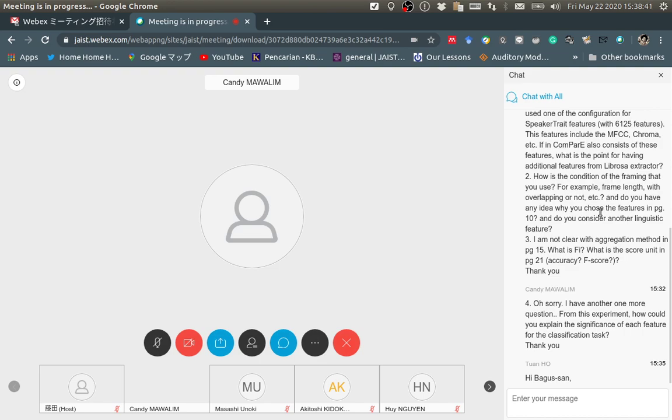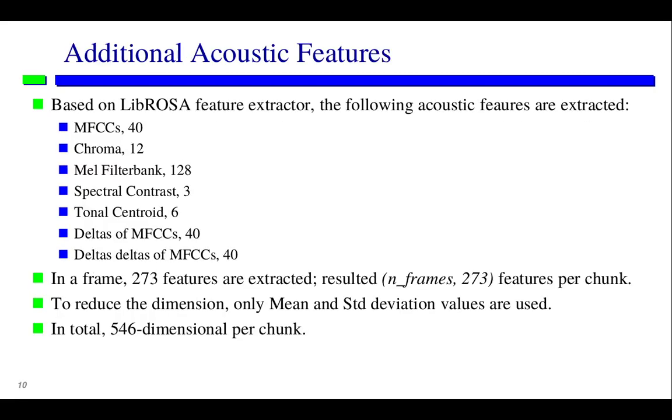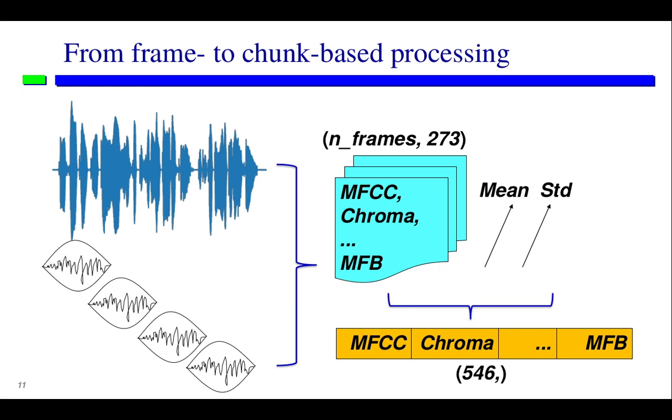In one chunk, the number of frames is different, because each story has a different number of chunks. That's the problem if we use frame-based processing. For example, the first story is 40 chunks and the second story is 50 chunks, so for each the number is different.